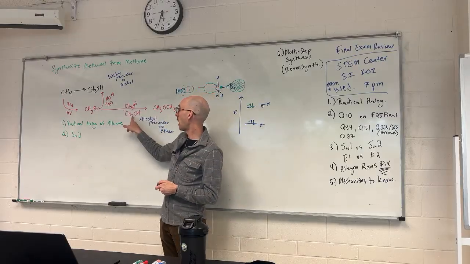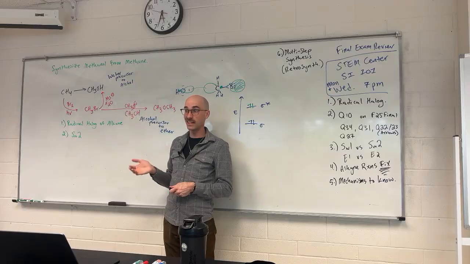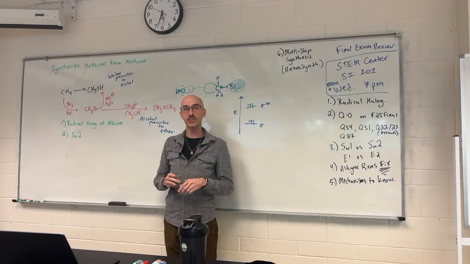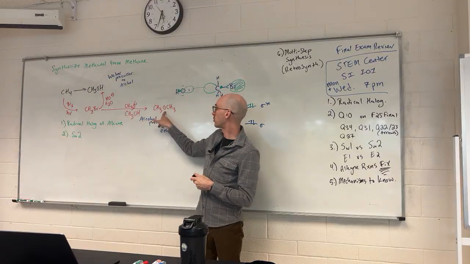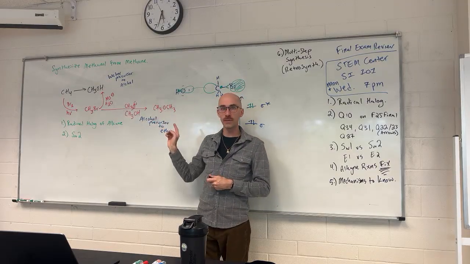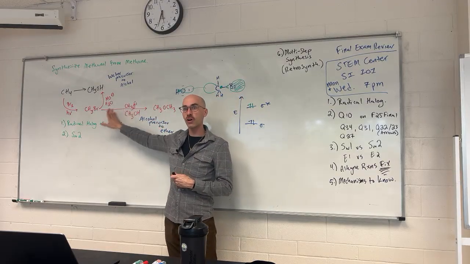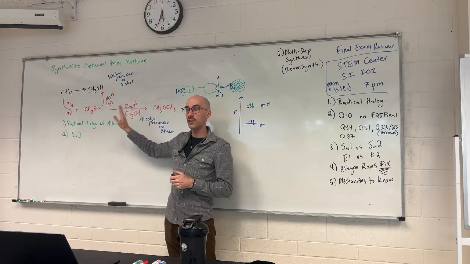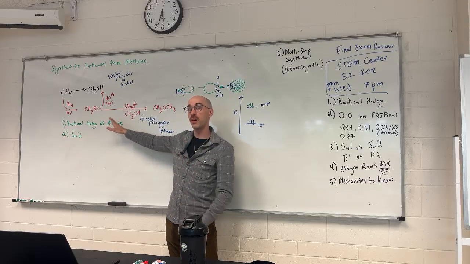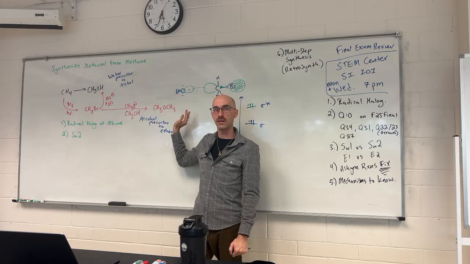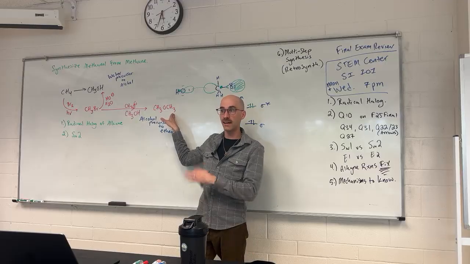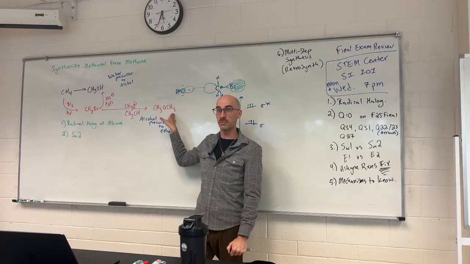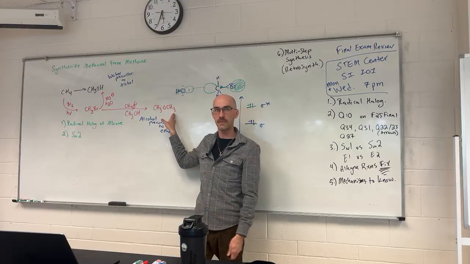But the carbon to oxygen bond is not easy to remove. The carbon to oxygen bond is quite strong. So we don't break the carbon to oxygen bond. If an alcohol is involved in my reagent, you can bet that that carbon-oxygen bond will be preserved in the product. So if I start with an alcohol, I will get something that is not an alcohol but still has the carbon-oxygen bond, an ether.